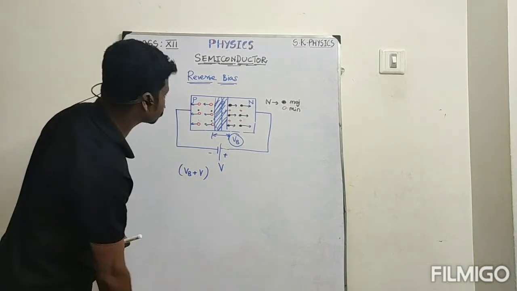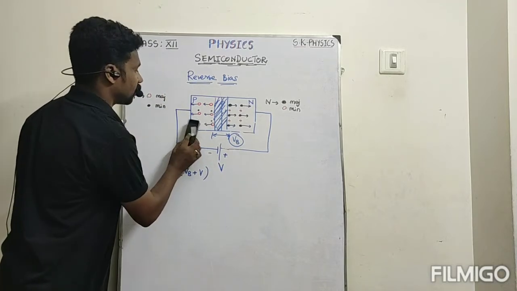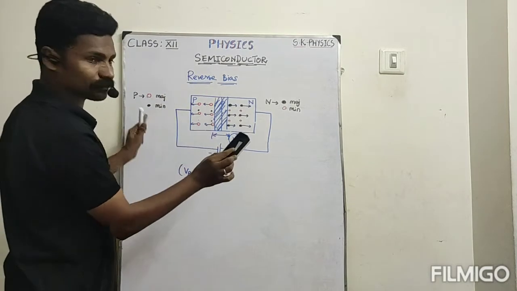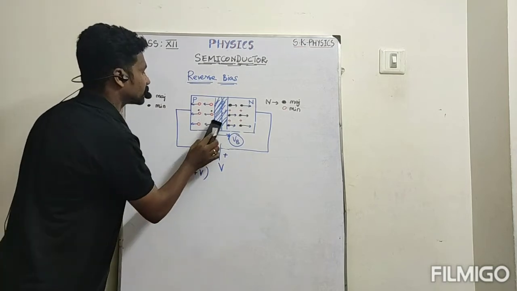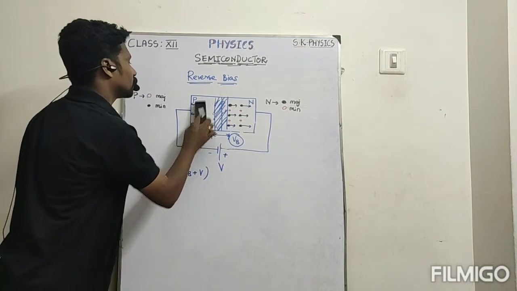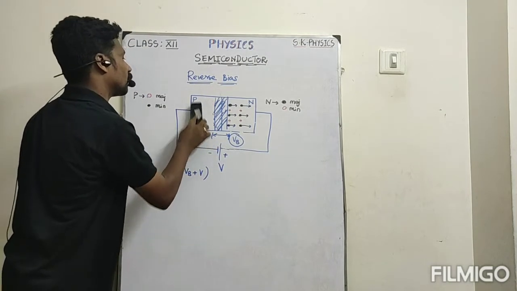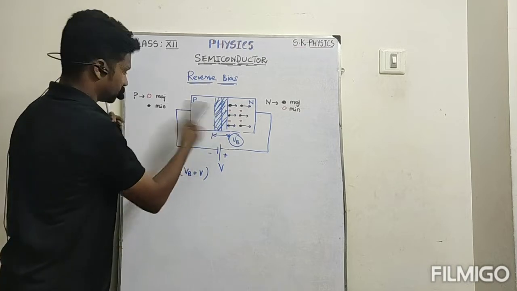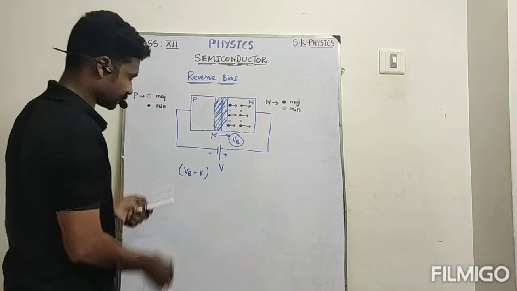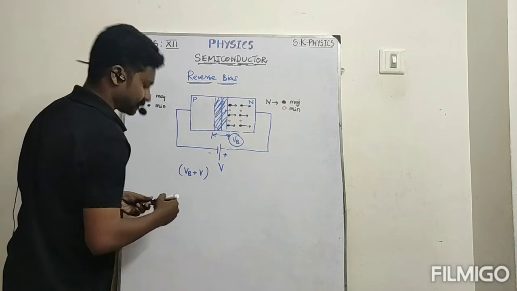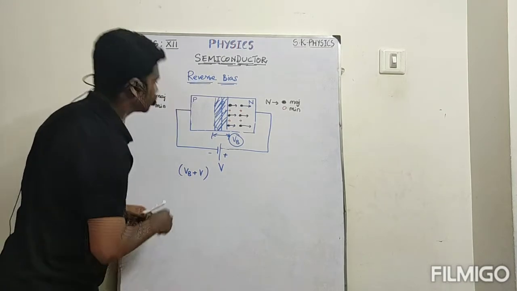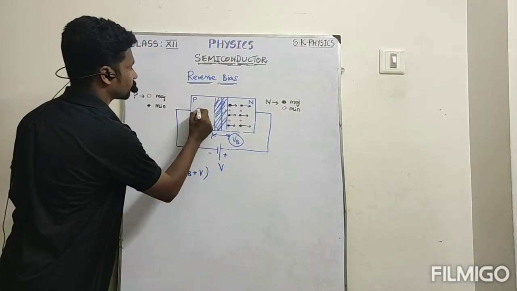For our convenience, all the majority charge carriers are gone, because they moved towards the battery. Now imagine that from the P side all the holes have moved towards the battery. So the remaining minority charge carriers are electrons only.